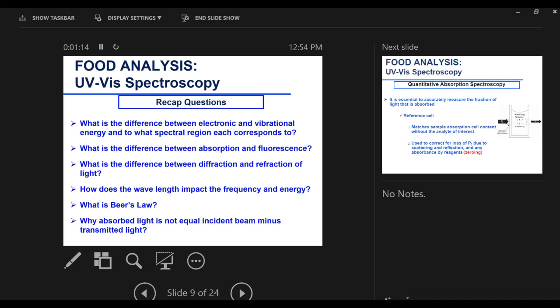So electronic energy is, as the name implies, when an electron in the valence shell gets excited and moves to a higher level, once absorbing a photon of light. This would be in the spectral region of UV and visible range. Whereas vibration, again from the name, is the vibration of bonds, stretching and bending of bonds, and this corresponds to the spectral region of IR.